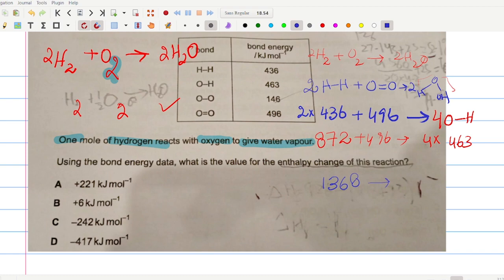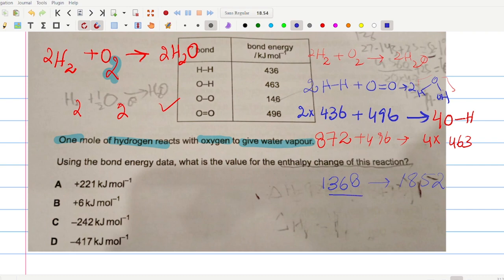So what about the H2O bonds? 4 into 463 is 1852. Okay, so here are some of the parts which we have done.